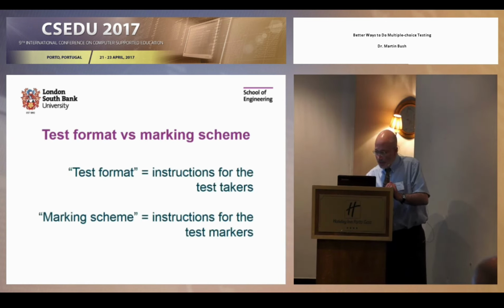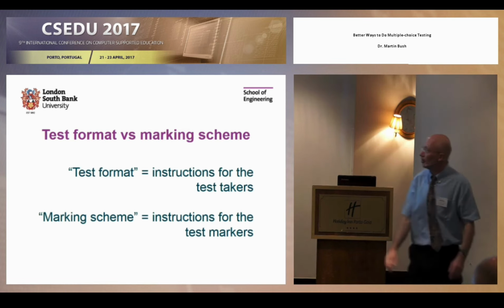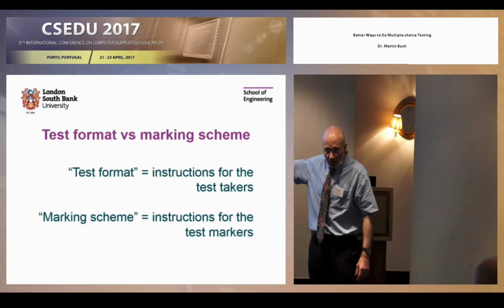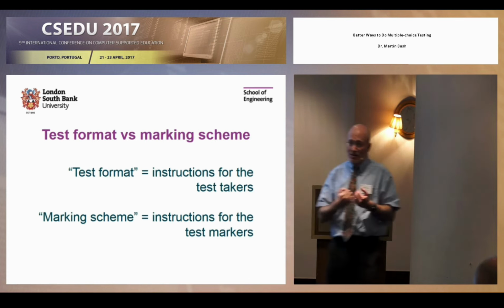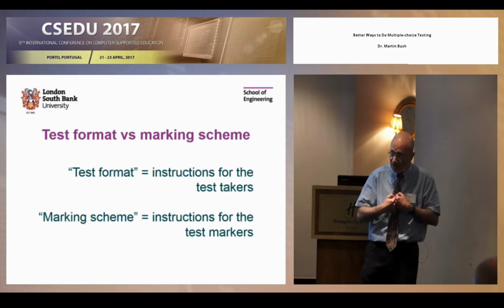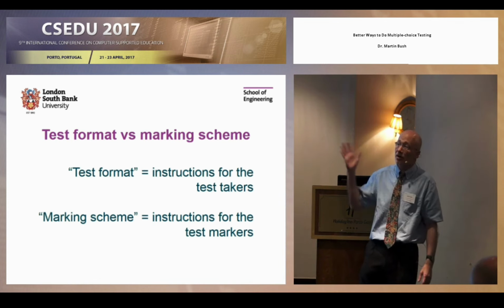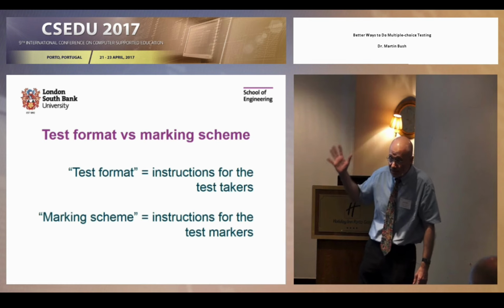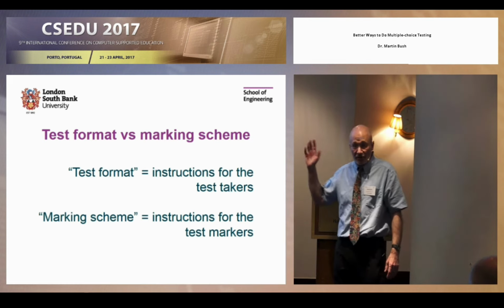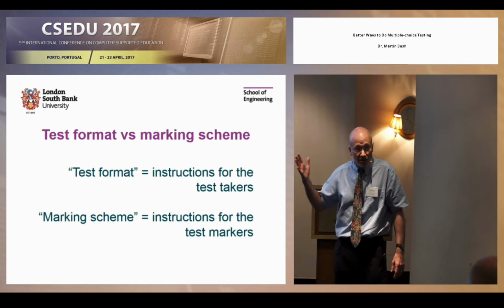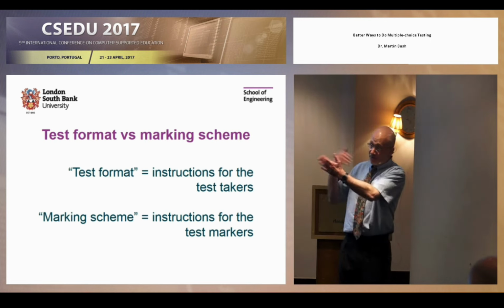So, okay, this is just one point I should make, that we should distinguish between the test format and the marking scheme. So the test format is the instructions to test takers. So we need to tell the test takers, how are they going to answer this question? Is it subset selection, or is it order of preference, first choice, second choice, third choice, fourth choice, or is it sliders to indicate amount of belief in each of the 4 answers?